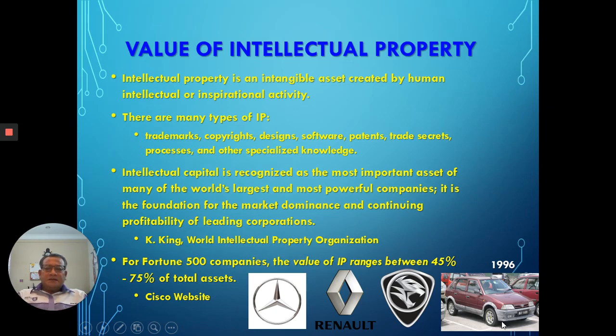So that is how valuable intellectual property is in the eyes of the beholder, because the higher the intellectual property that you have within your company, the higher the value of your company in the perspective of your competitors or comparable companies in the same industry.